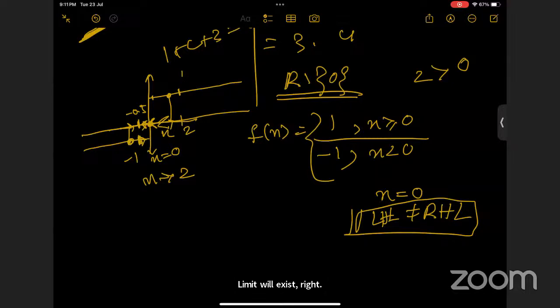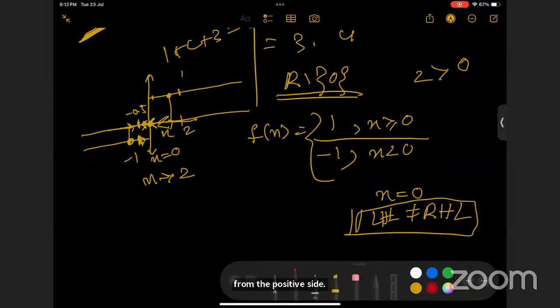Ma'am, in the last option, you said that the limit for the value tending to 0 will not exist. But we have that value x greater than or equal to 0, ma'am. So in that case, when we are tending to 0 from the positive side, yes. Let me use another color.